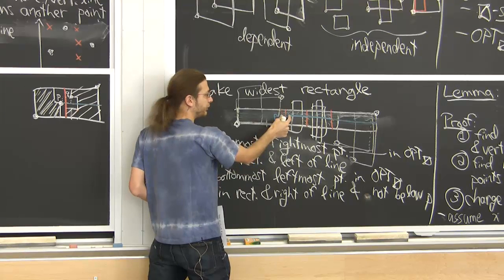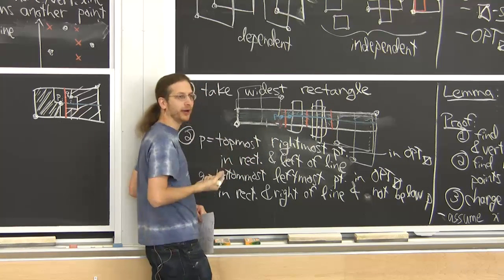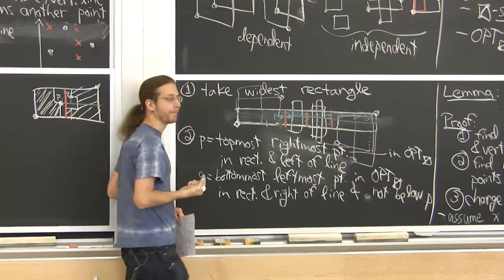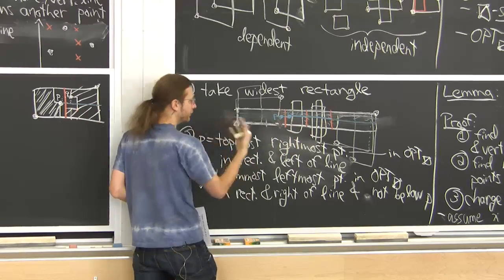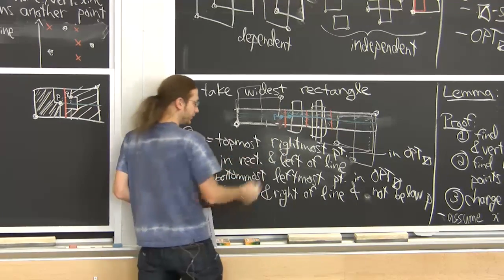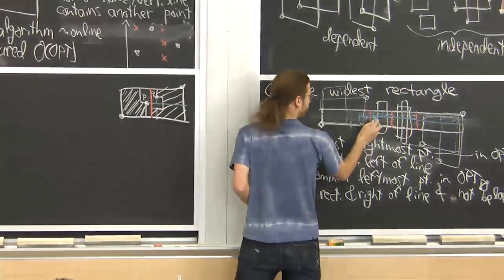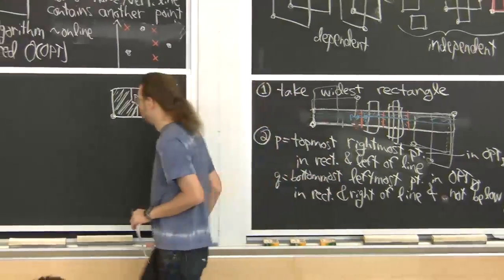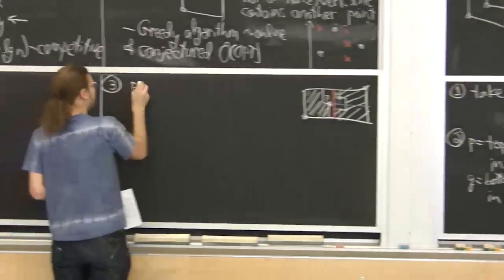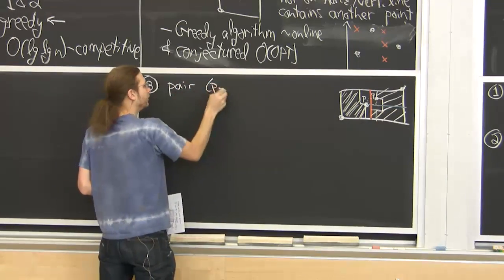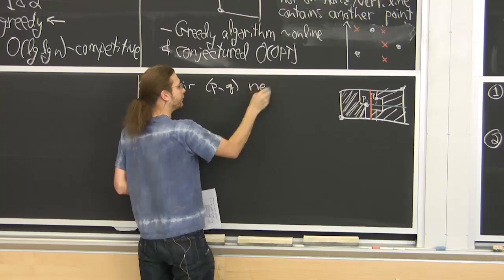Therefore, these 2 points are not going to get charged as a pair ever again. If you remove this rectangle, repeat this process, PQ is never going to get charged again. So we charge to PQ, and the pair PQ is never charged again.